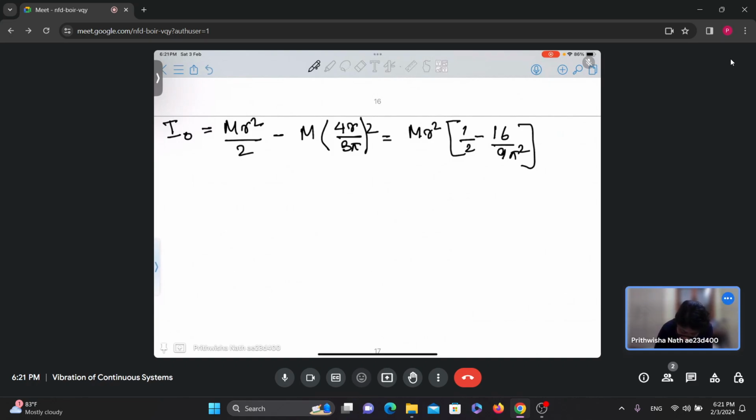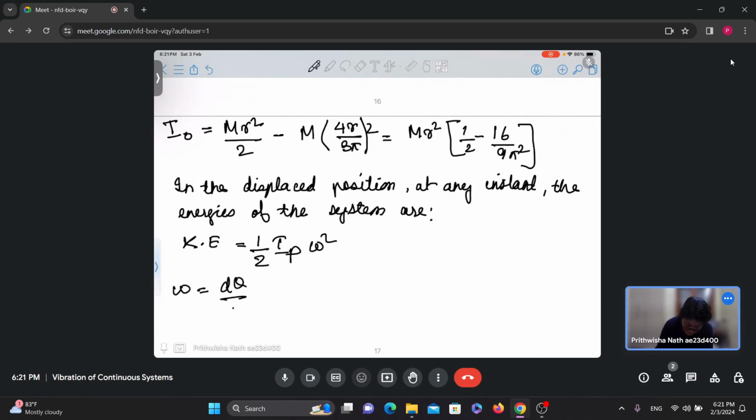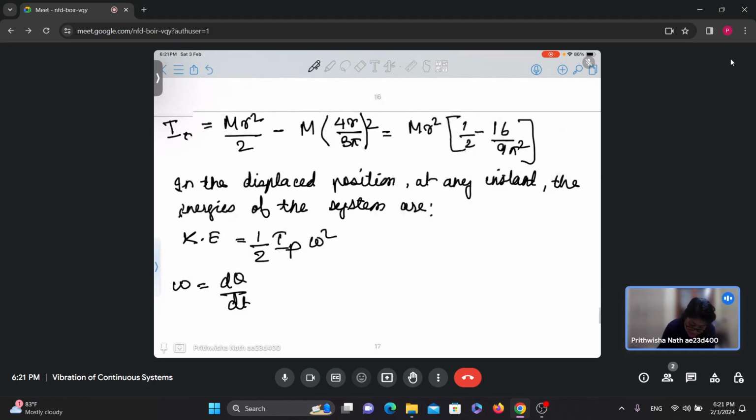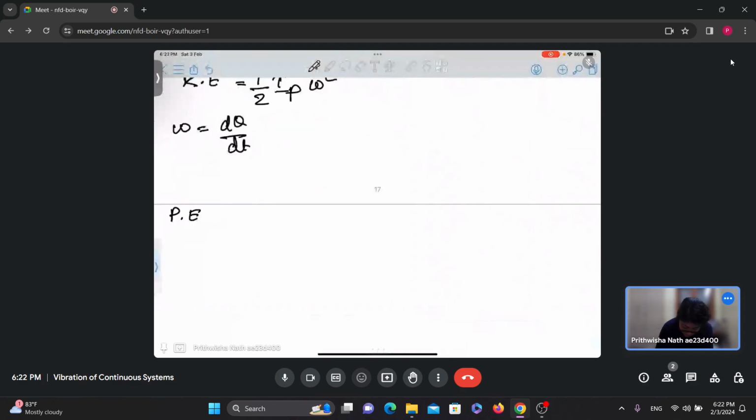So in the displaced position at any instant of time, the energies of the system are: kinetic energy is half IP omega square, where omega is d theta by dt, and similarly the potential energy can be written as mg x bar into 1 minus cos theta.